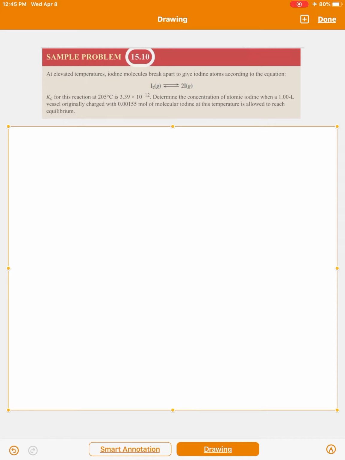Okay? So this problem is not that different from 15.9. So I2 can break up into 2 iodine atoms. Looks like a pretty simple reaction, right? One molecule just breaks up into 2 atoms.